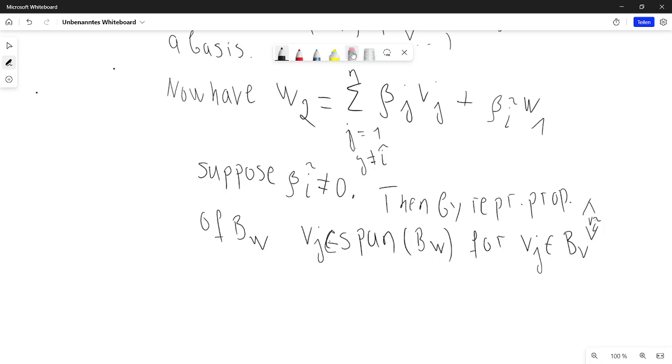So we are able to replace that by W something, and should be able to represent that. Right. Because we have the representation property. Right.